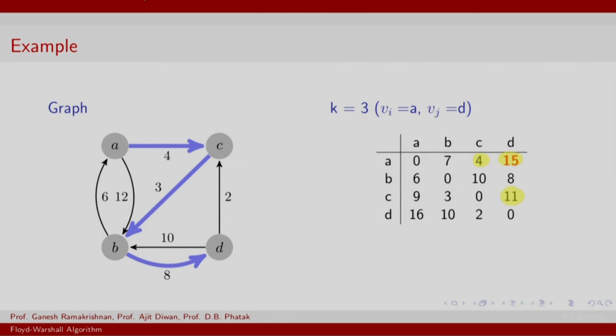So this is, as far as the illustration goes. How do you show the correctness of this algorithm? One can show the correctness of this algorithm using the following loop invariant.